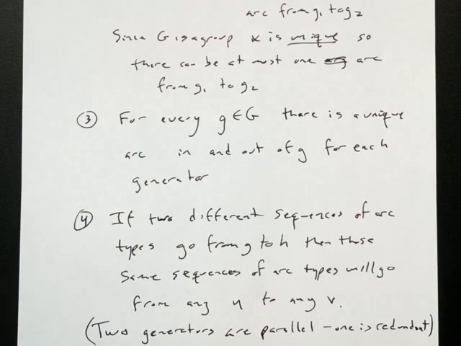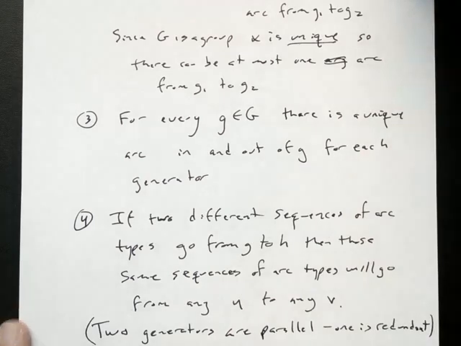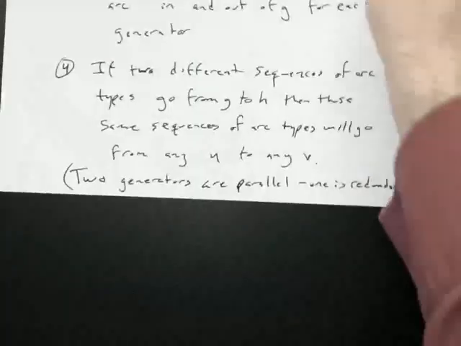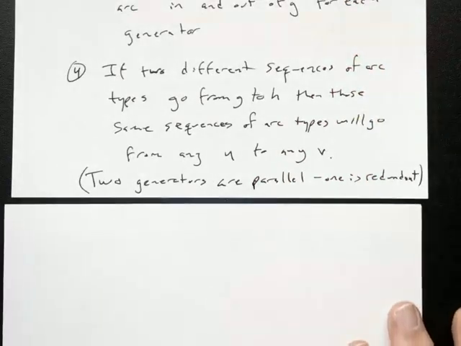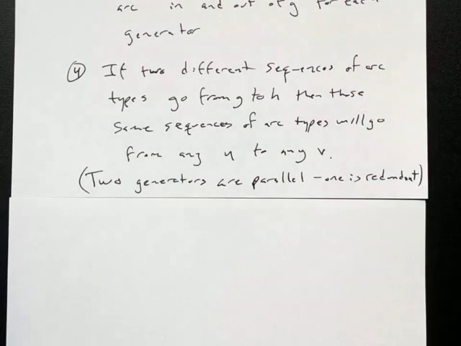So if my goal is to have a nice generating set, I probably want to use as few as I can get away with. I don't want parallel trails marching around my digraph, parallel walks.